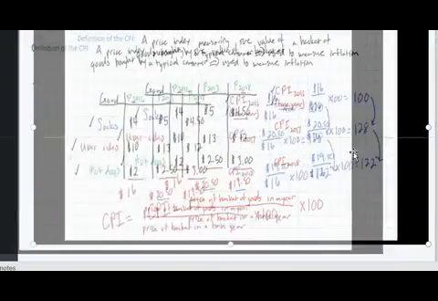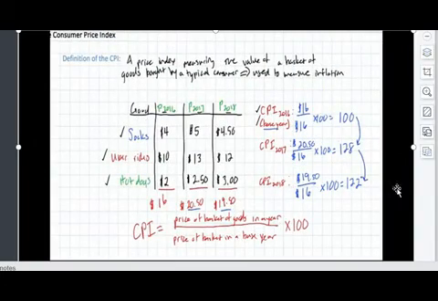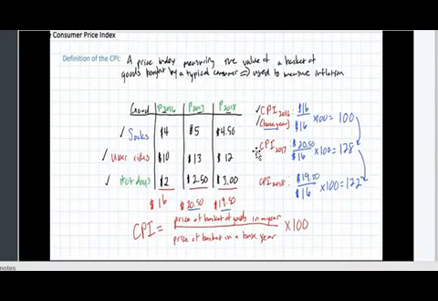Okay, for 2018, 1950 divided by 16, multiplied by 100, it will give you 122. Okay, so the CPI for 2016 is 100, the CPI for 2017 is 128, the CPI for 2018 is 122.